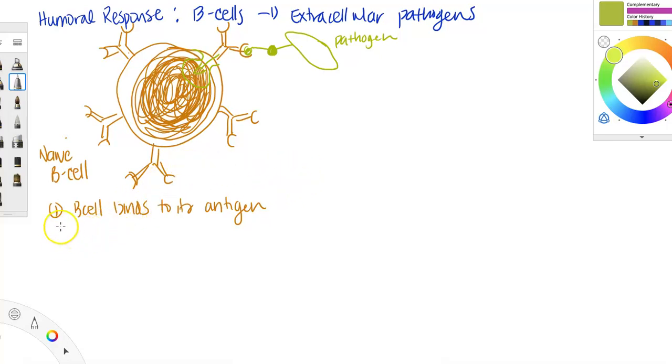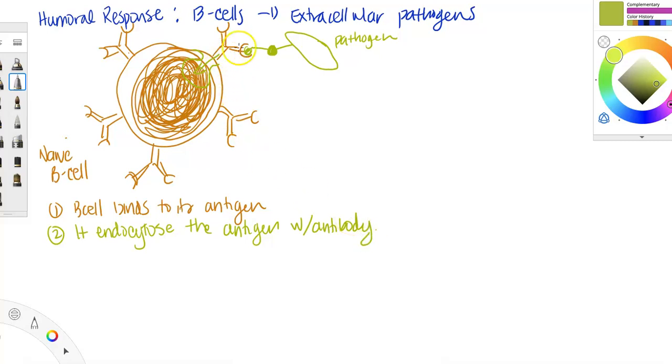So number 2, the B cell will endocytose the antigen with the antibody.